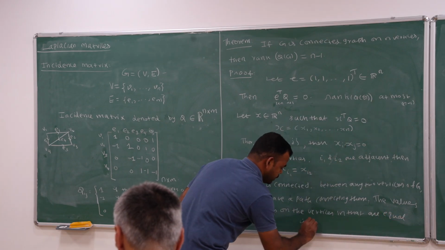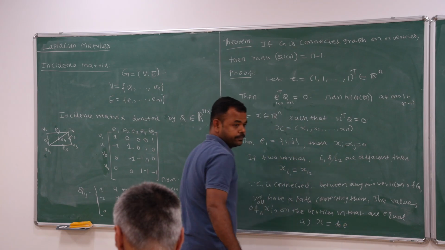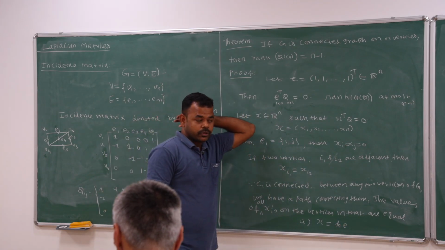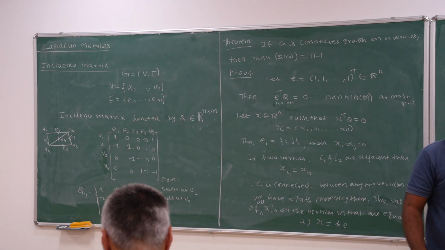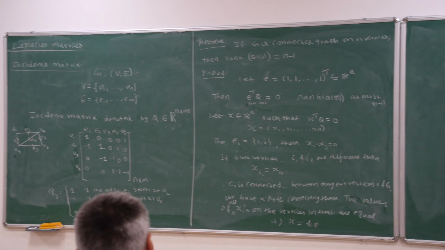Okay, that is, x is just some constant multiple of E. Okay, so this shows that if G is a connected graph, then rank of the incidence matrix is n minus 1.